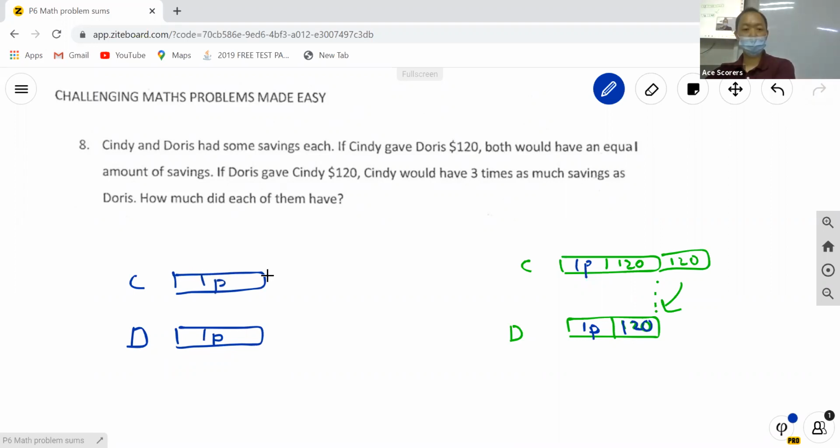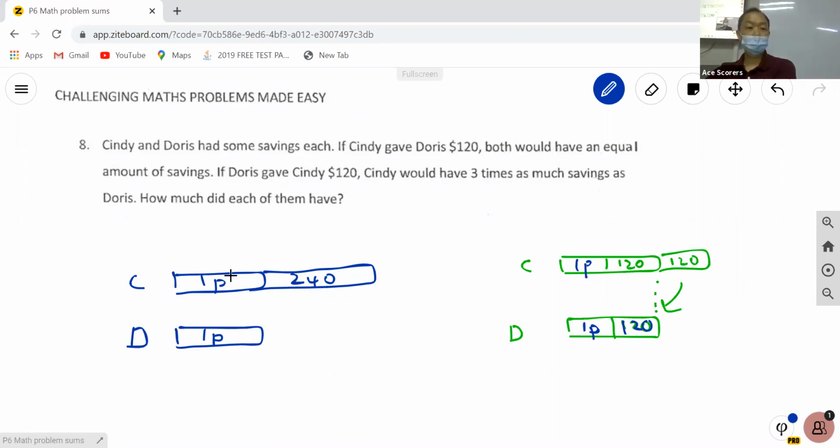plus 240. So we're saying next, wait, why 240? Because 120, 120. So this is the first scenario. Green color is the first scenario. So the blue color is the second scenario, right?